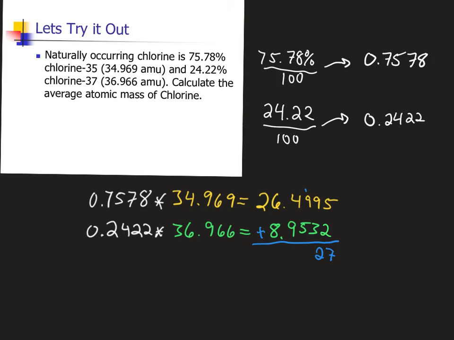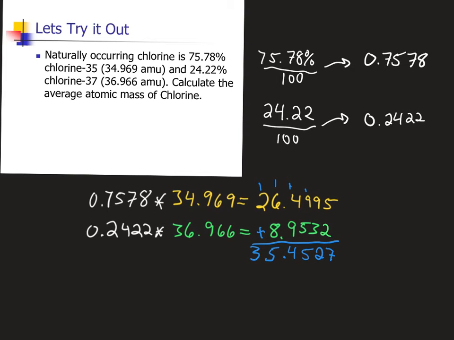Now, can you do the addition longhand as I'm doing? Yes. Can you do the addition using a calculator? Yes. Whatever method works for you will be probably the one to go with. But I like to keep myself on my toes and be able to do longer addition problems.